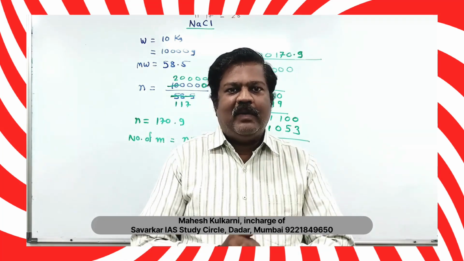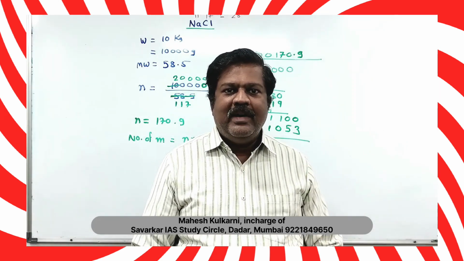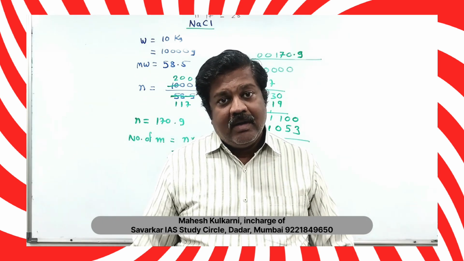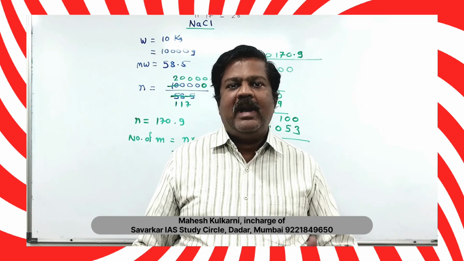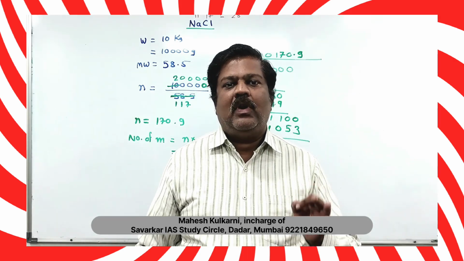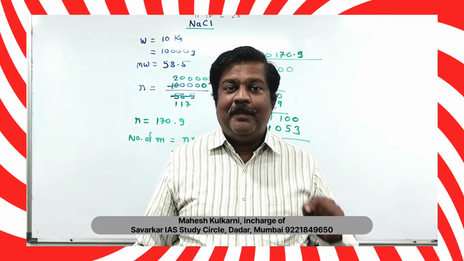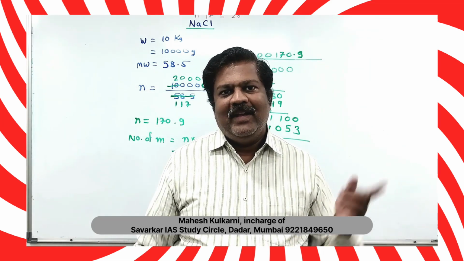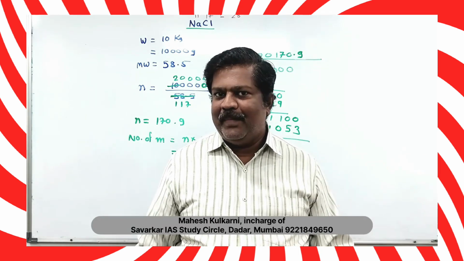Of the remaining 0.1%, half is calcium chloride and half is magnesium chloride. If we have 10 kilogram of such a rock salt sample, calculate the total number of protons present in that sample.